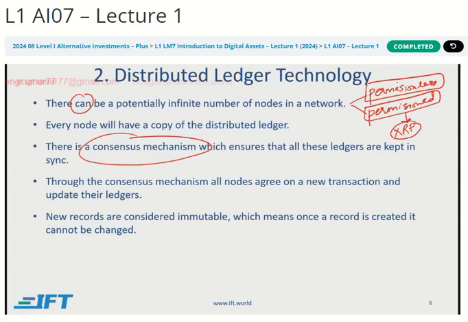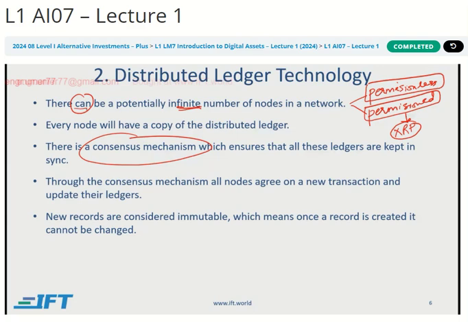So that's where we have new cryptocurrencies coming up which are permissioned. And obviously in that case there cannot be an infinite number of nodes, because nobody without permission can become a node. So in permissionless, yes, there can be an infinite number of nodes, but not in permissioned.